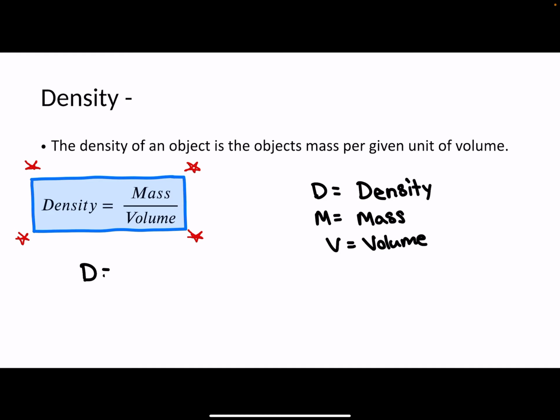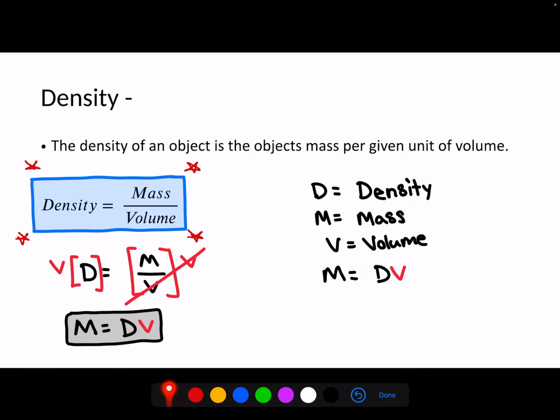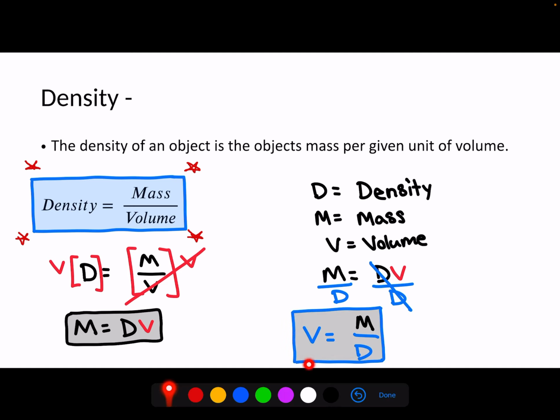So mass is equal to density times volume. Further, if I want to get volume by itself, I divide both sides by the density, and volume is equal to mass over density. So these are the 3 equations that we were able to manipulate in order to find mass, density, or volume, as long as we have 2 of the 3.